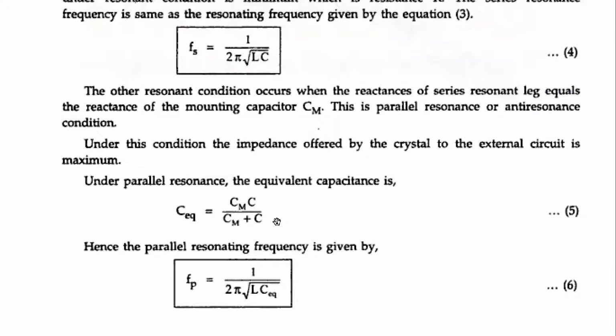So Cm plus C is nearly equal to Cm. Cm in the numerator and denominator will cancel. What will remain? C equivalent will be C. Very good.